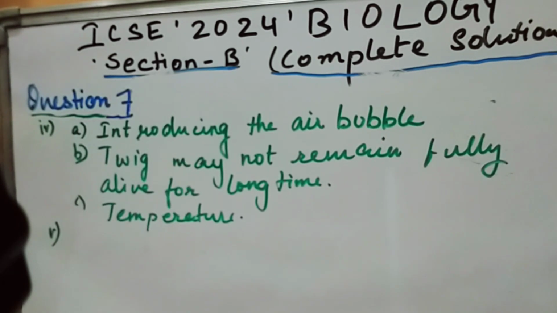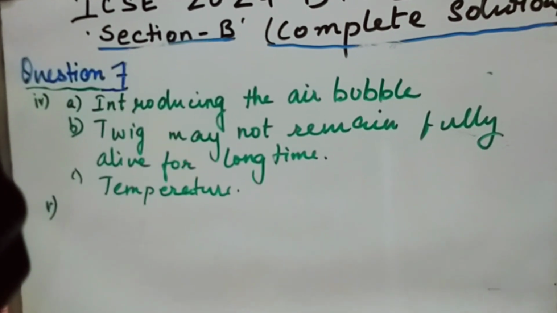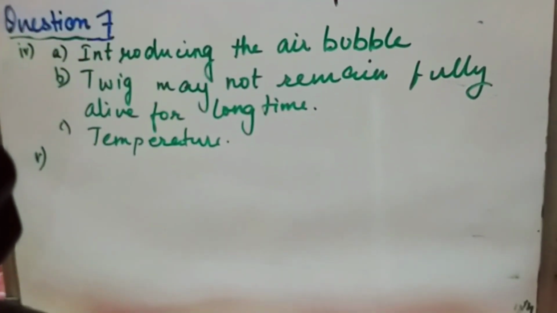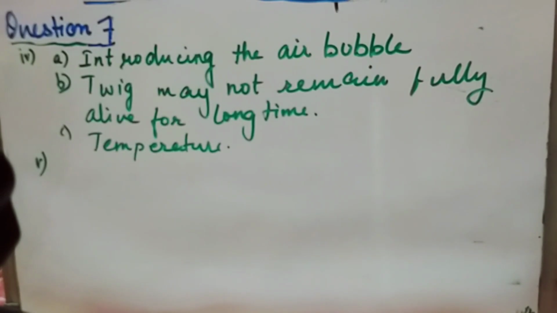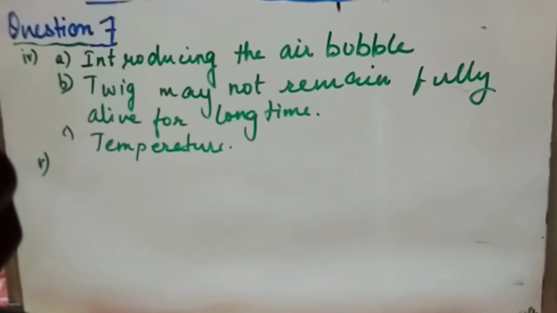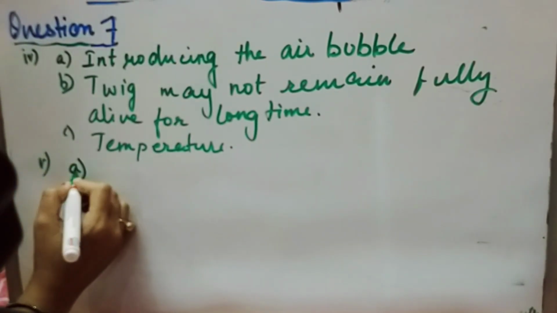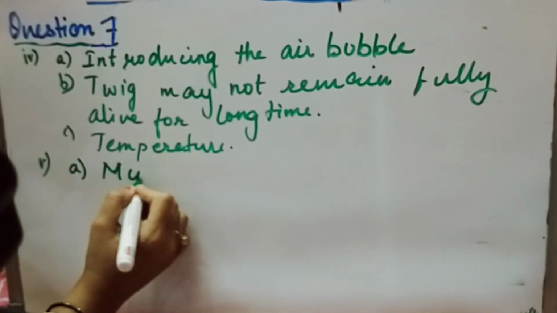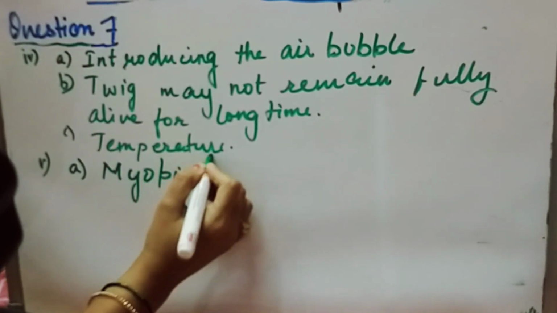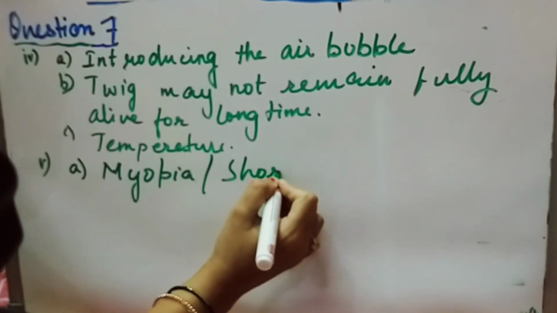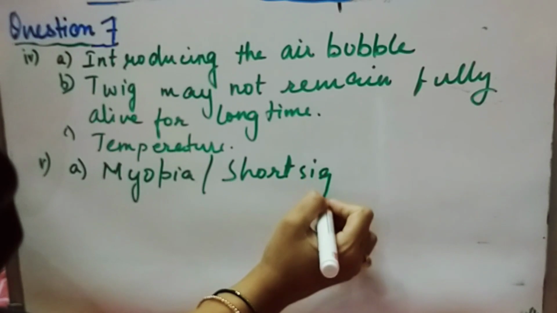As the blackboard is a little far from the bench where Mahesh is sitting, definitely the defect is myopia or short-sightedness, where students mostly suffer from this defect, where near vision is clear but far vision is blurred. So the answer for the first question would be myopia or short-sightedness.